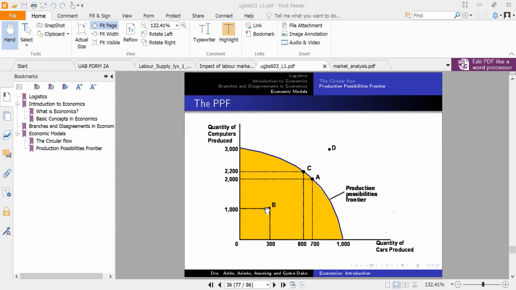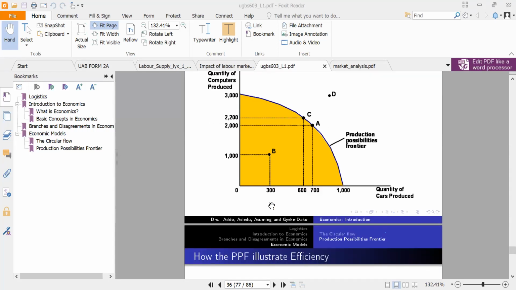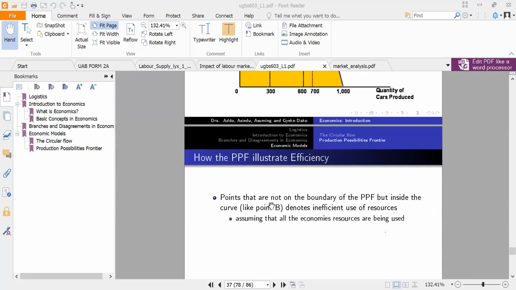In any case, you want to approach your possibility frontier as an economy. It's like, if we can produce 100 tons of cocoa when we are very efficient, then we'll be on our cocoa possibility frontier. But if we are producing 20,000, then we are underproducing, we are inefficient in our production.